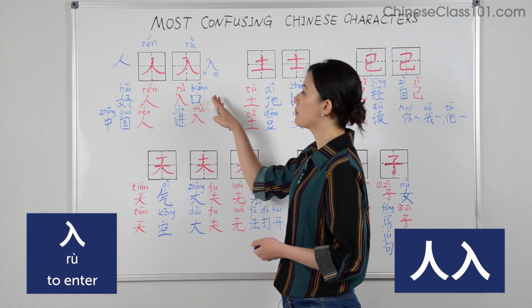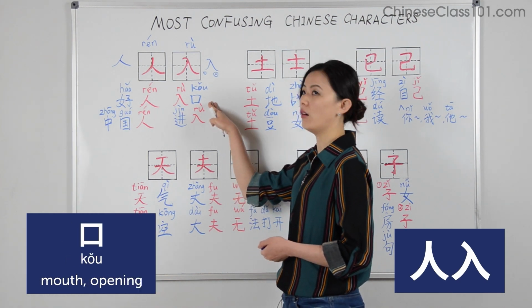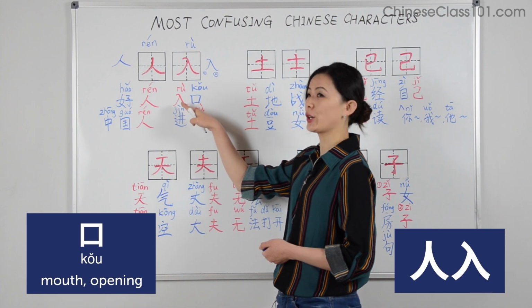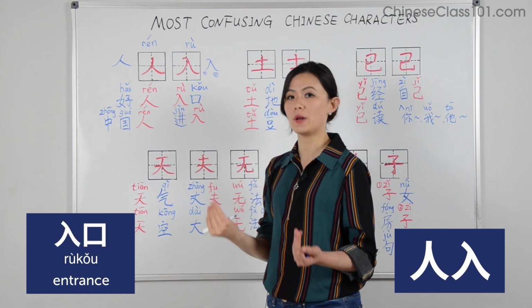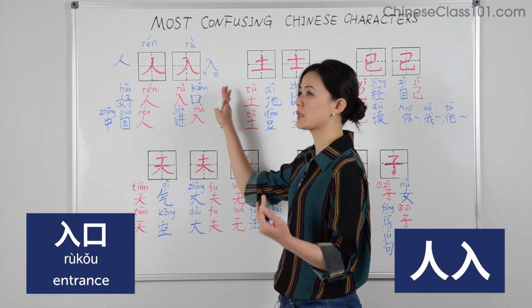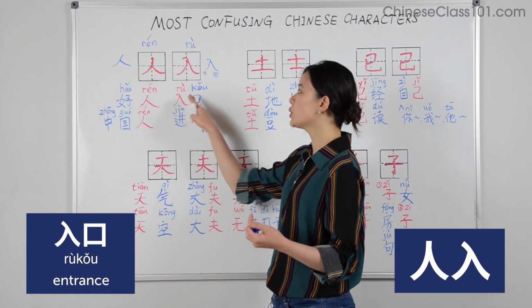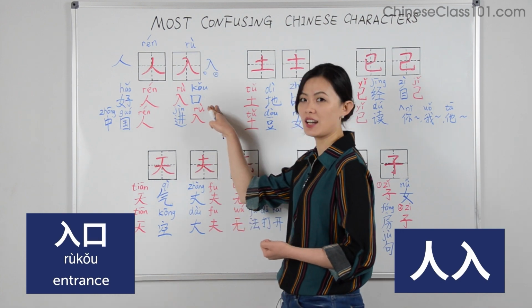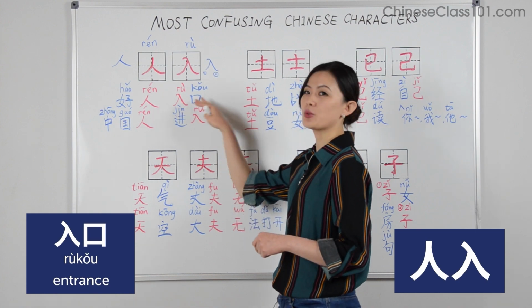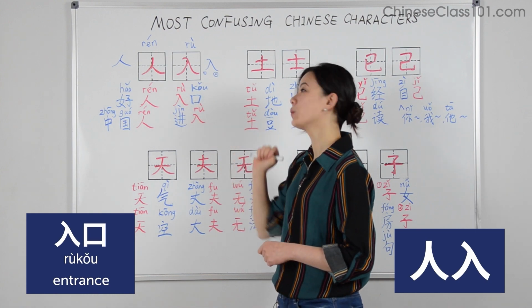For example, we can combine 入 with 口 to make the word 入口. 口 means mouth or opening. So 入口 basically is enter opening, but it translates as entrance. You may have seen this a lot on a sign. Entrance. 入口.